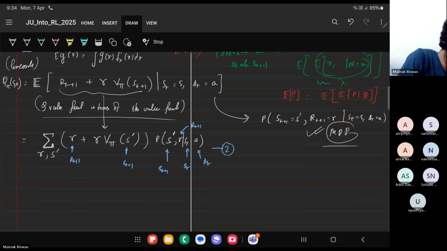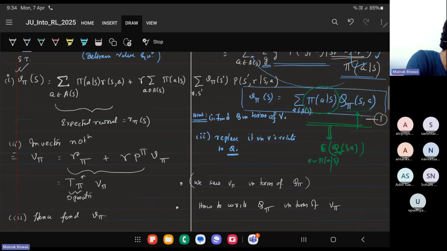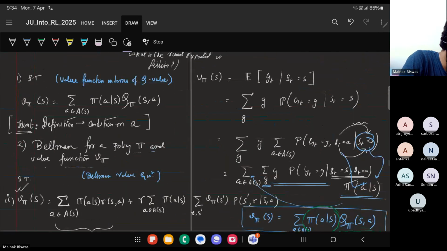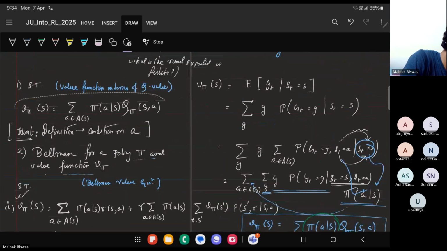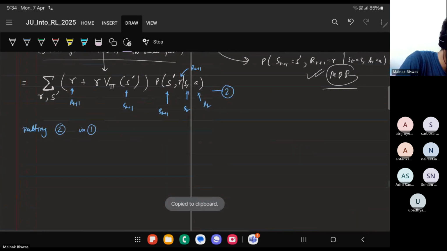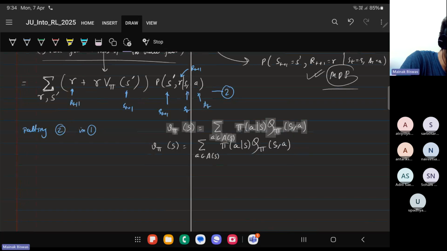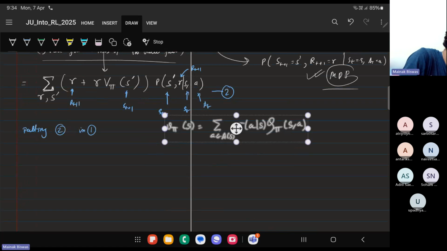Now putting 2 in 1. Remember, let us copy this equation, the number 1 equation. What will I get? I will get a recursion again.